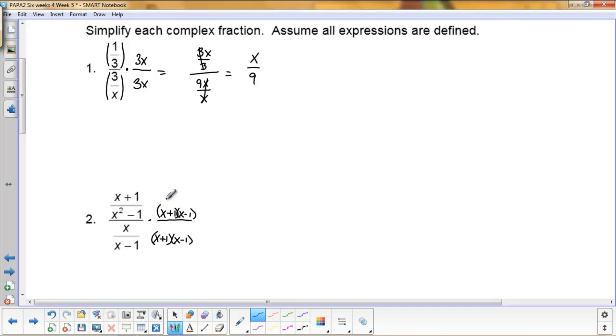Once I do that, I multiply it through, and this will cancel with that denominator entirely, leaving me x plus 1 on the top. This will cancel with that, leaving me x times x plus 1 on the bottom. When the two quantities are canceled, the final answer is 1 over x.